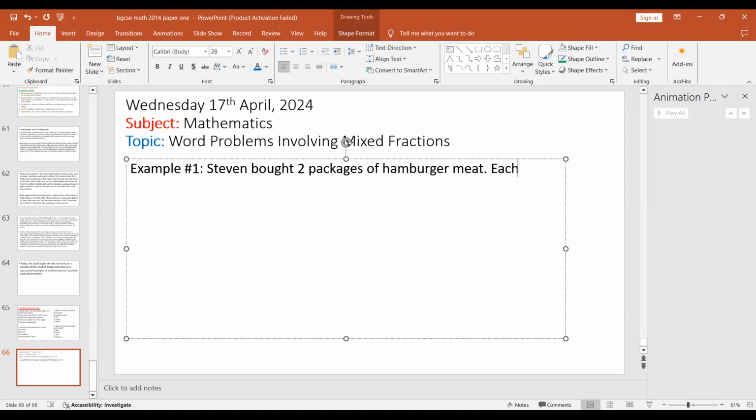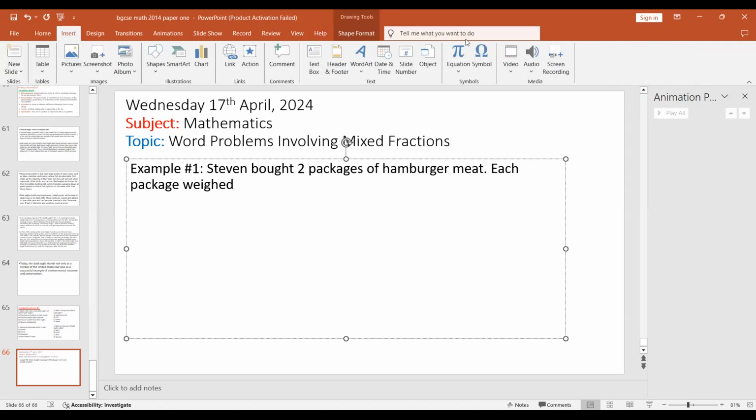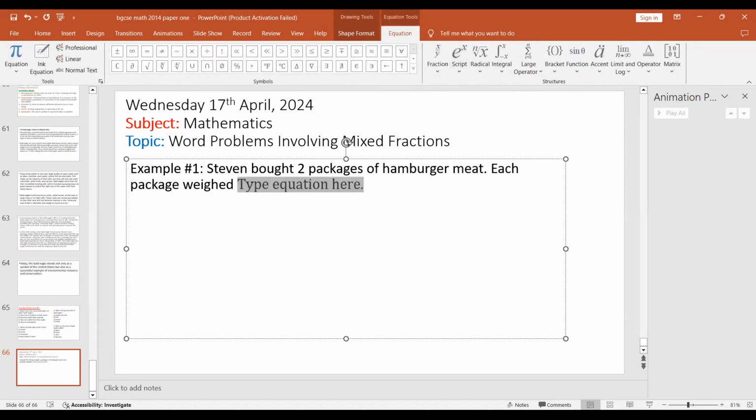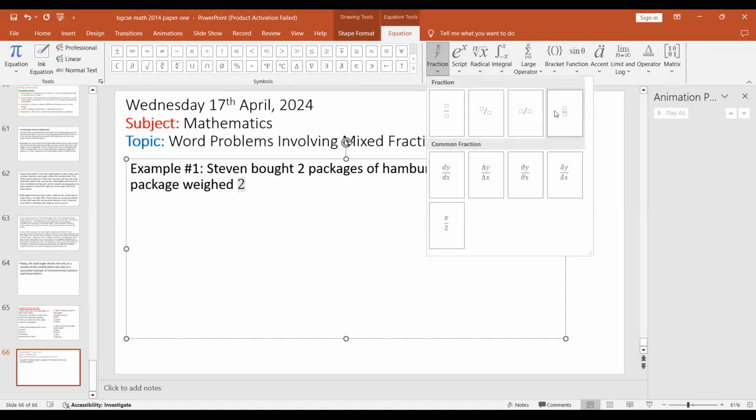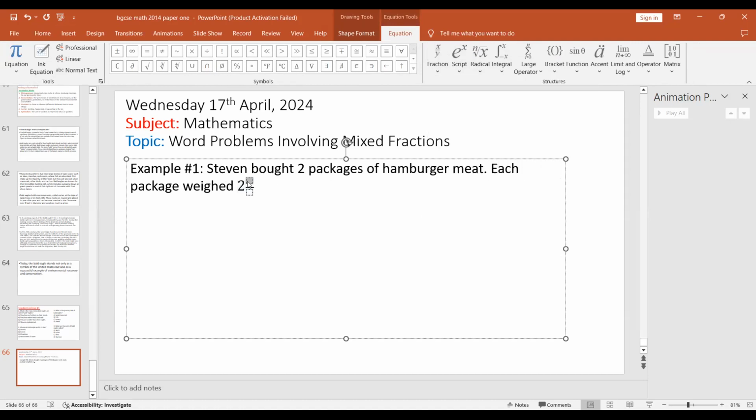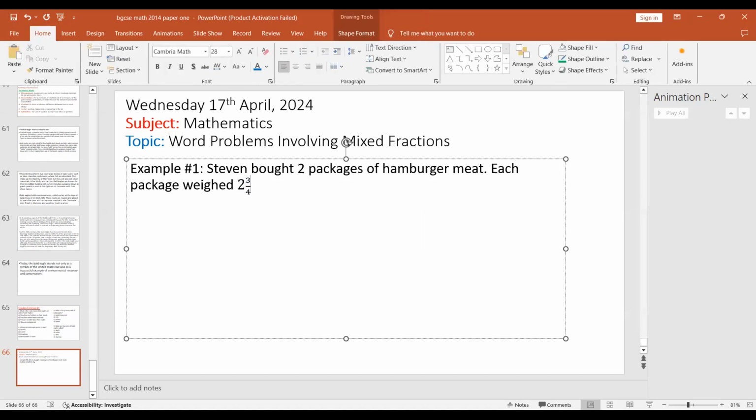Each package weighed, let's say that each package weighed 2 and 3/4 pounds.